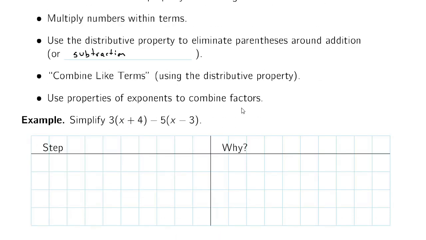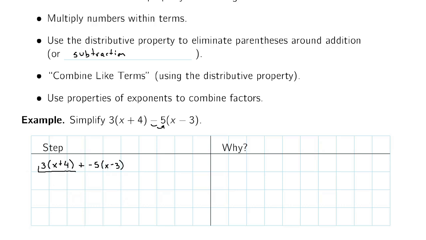So if we meet this expression 3 times (x plus 4) minus 5 times (x minus 3), and we want to simplify it, right? So we'll have 3 times (x plus 4). This negative sign belongs to this term. So we can think about this as plus negative 5 times (x minus 3).